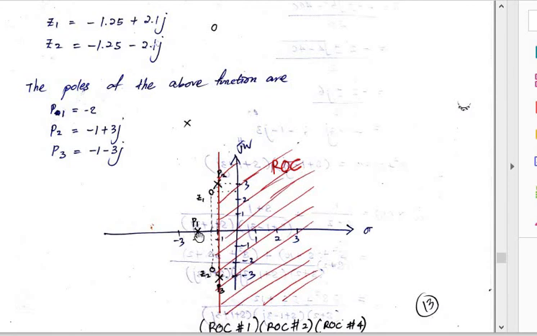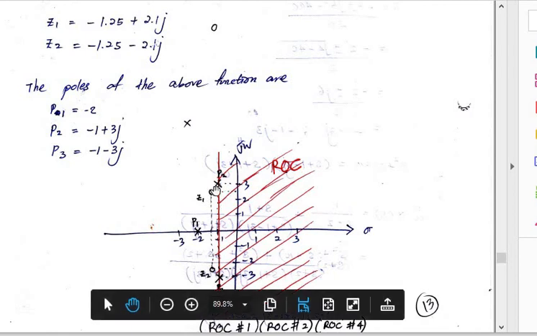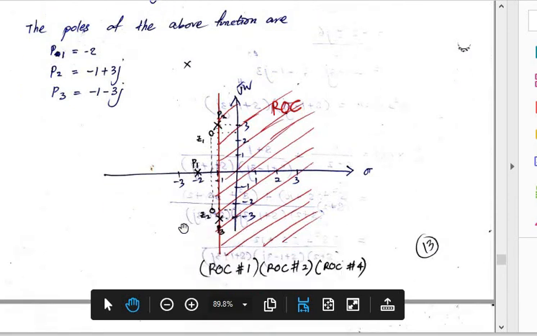P2 is negative 1 plus 3j, here. Another one is negative 1 minus 3j, and you get P3. So how do you plot your ROC?